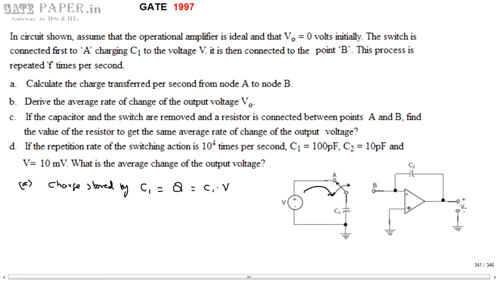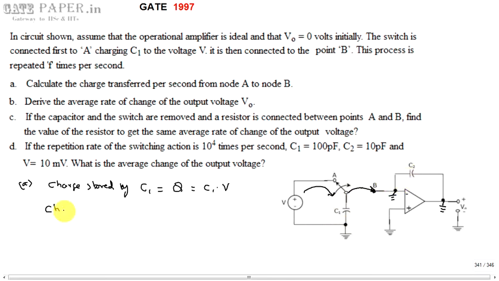Whenever it is connected to point B, at that time the total charge it has stored will be connected to C2, and since the node is at ground, the charge transferred by C1 is going to be the same as the charge transferred to C2. Since node point B is at virtual ground, the total charge across C1 is going to be entirely transferred to C2.